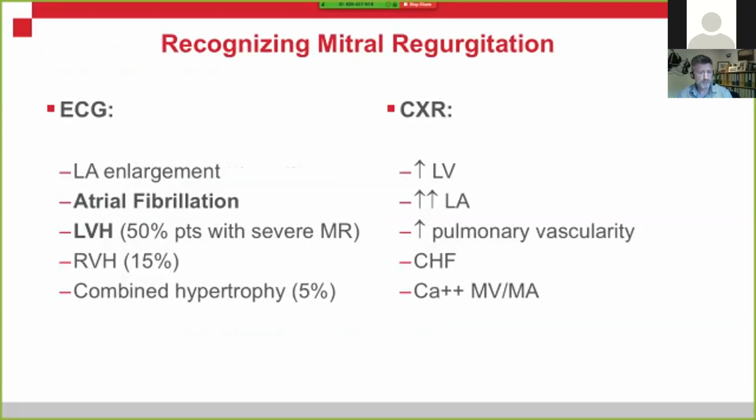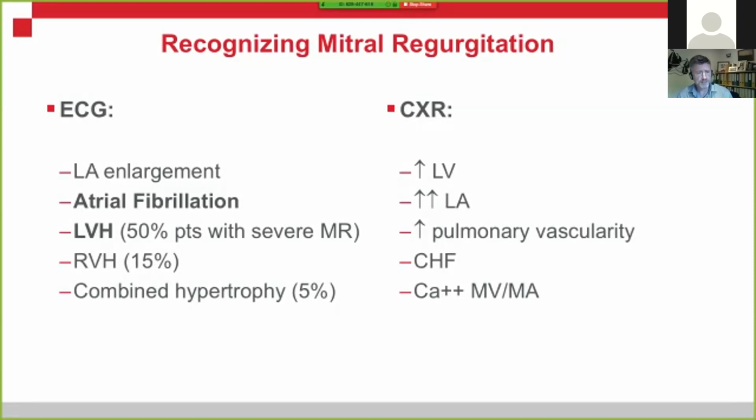In terms of what we might see on investigations that we do in the practice, the ECG may well show signs of potential left atrial enlargement, although that's a very, very non-specific finding on an ECG. The more important things to look out for are atrial arrhythmias and atrial fibrillation, just because of the increase in stroke risk. There may be signs of LVH, particularly with strain, because the heart's having to work harder in terms of the workload.